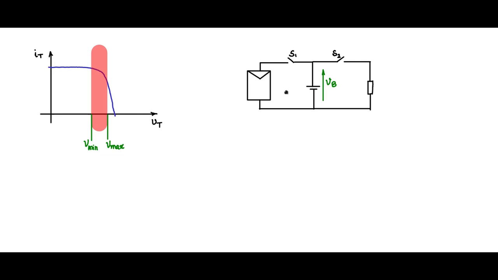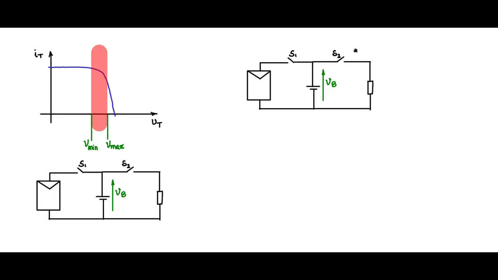Now let us see the various modes. We had put three conditional statements: one is when the battery voltage is greater than Vmax, another when the battery voltage is less than Vmin, and the third when the battery voltage is in between. Let us see how this conceptual schematic works in these three modes.